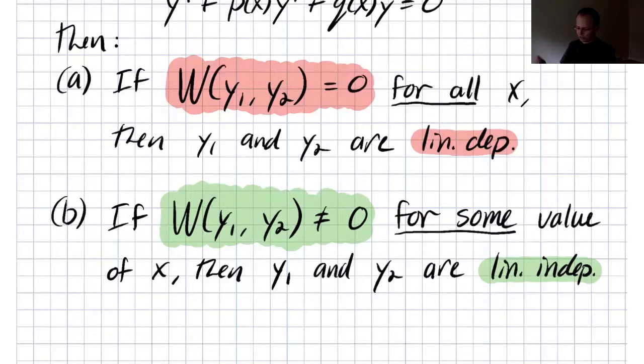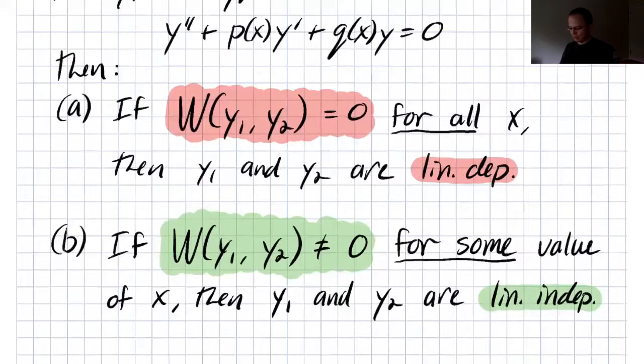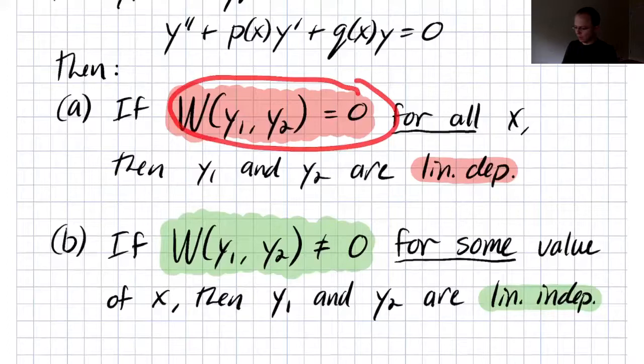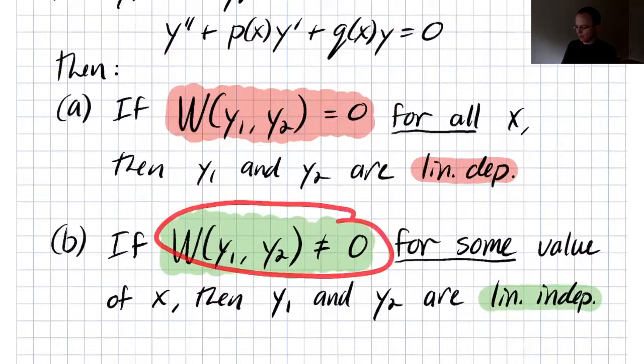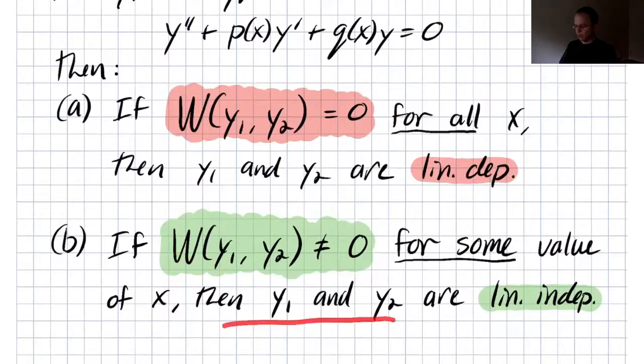And it's quite easy to show that if this is ever 0, then these are linearly dependent. So that's our Wronskian test for linear independence. This will tell us that we have some redundancy, and this tells us that there is no redundancy.